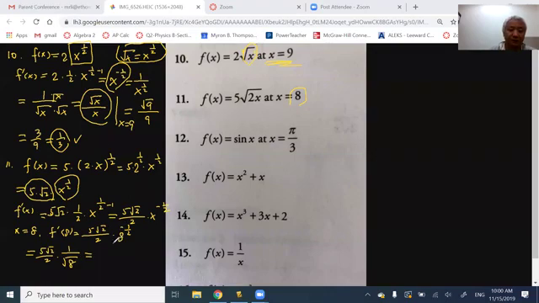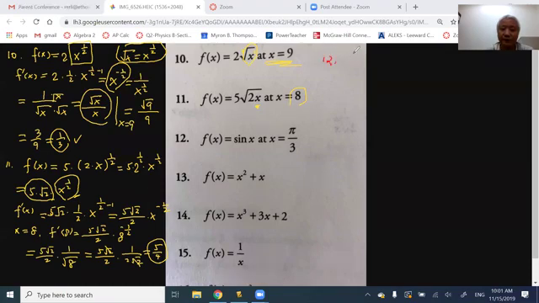And then you can continue: 5 root 2 over 2 times 1 over 2 root 2. We simplify, okay? And then the two root 2s cancel. So you have 5 over 4. That's the answer, okay? Similar to the previous question, the key part is still to change the square root of x to x to the 1/2 power. That's the way we do this one. Now we continue to work on number 12.